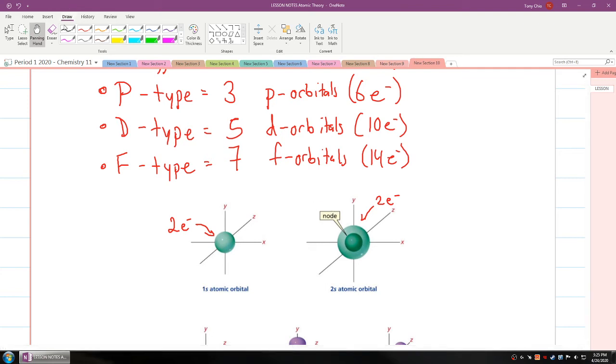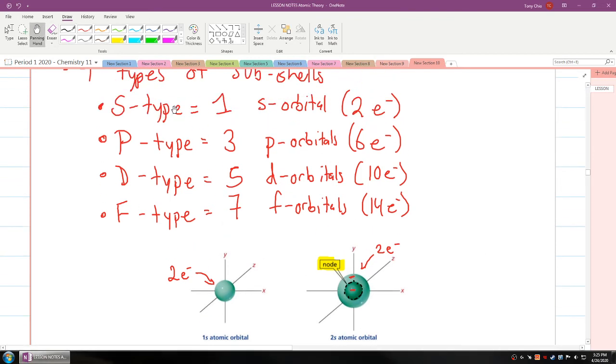Now, a node just means that the electrons cannot exist around this solid line. So when they go from this region to this region, you can think of them as teleporting, because they can't go through the node. Okay, so these are s orbitals.